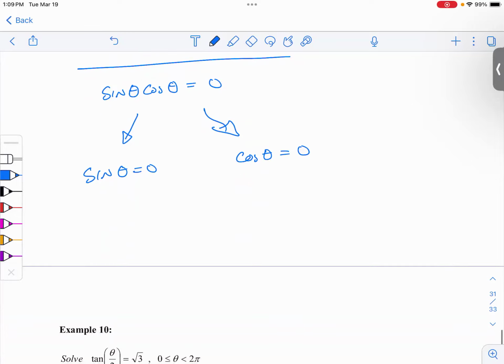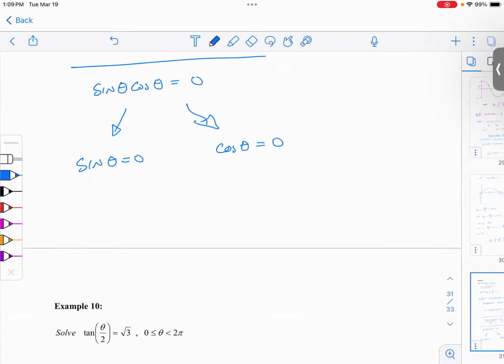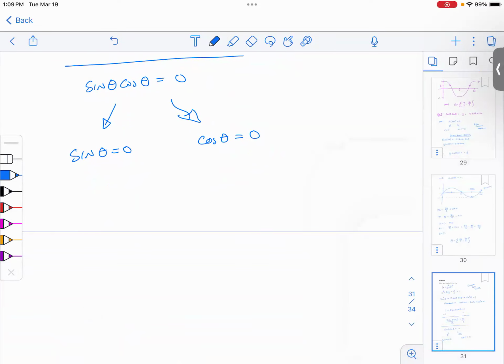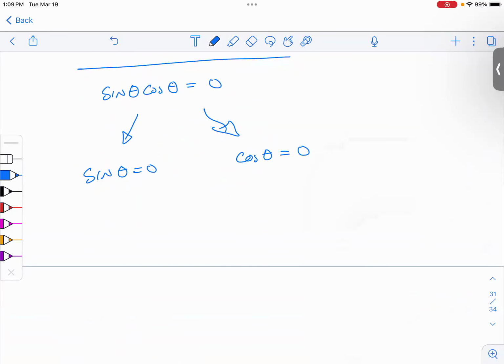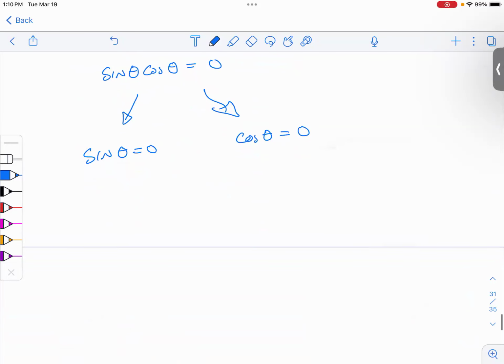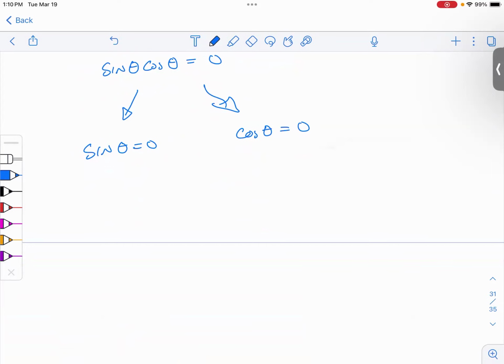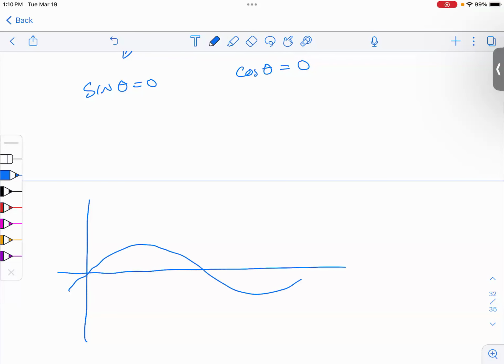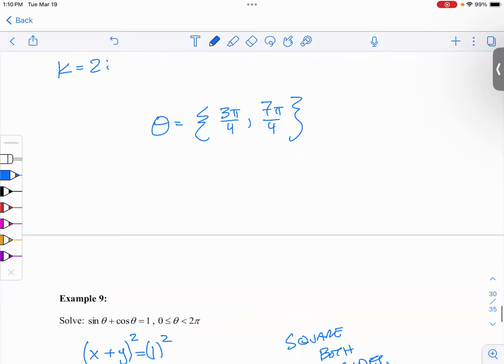Now I have two trigonometric functions here, but they are both in their most base form without theta being adjusted. So I have two individual equations to solve. That means, let's do sine first. The range on this was 0 to pi.